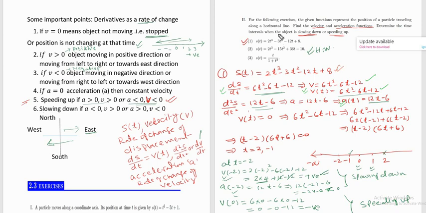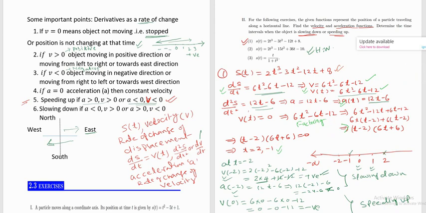Now I need to check whether it is slowing down or speeding up. For that, we need to put the velocity equal to 0. After substituting and by factoring, we will get (t minus 2)(t plus 1), and then you will get t is equal to 2 and t is equal to minus 1.